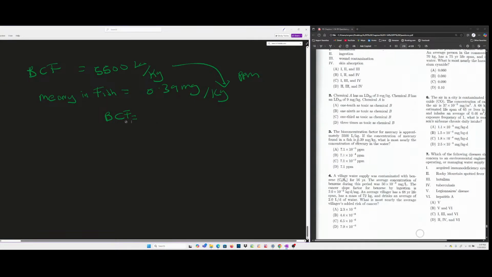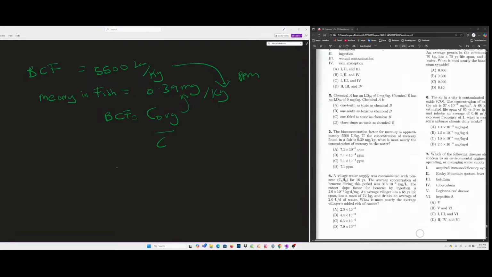In this scenario, the organism is the fish, and mercury is our solute. We're looking for the concentration in water, so it equals the concentration in the organism over the BCF.